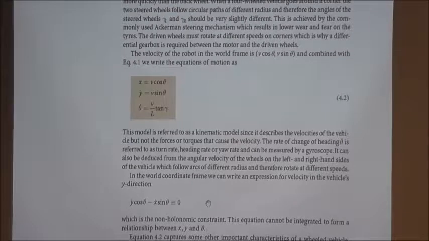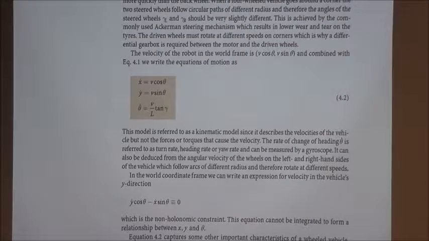What is the non-holonomic constraint? A non-holonomic system is one whose state depends on the path taken in order to achieve it. I repeat, a non-holonomic system is one whose state depends on the path taken in order to achieve it.